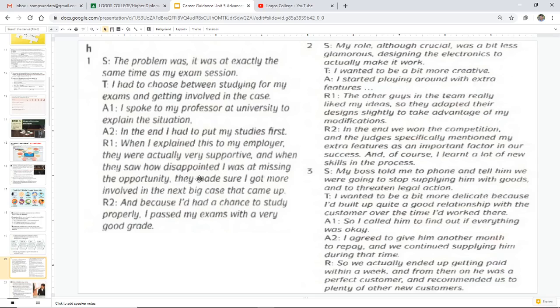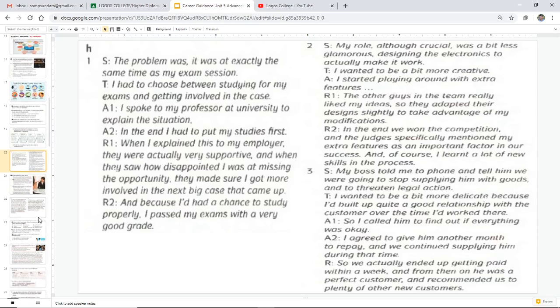And when they saw how disappointed I was at missing the opportunity, they made sure I got more involved in the next big case that came up. Another result, and because I'd had a chance to study properly, I passed my exams with a very good grade. Right? So he was able to tell a story about a time when he had to face a difficult decision.